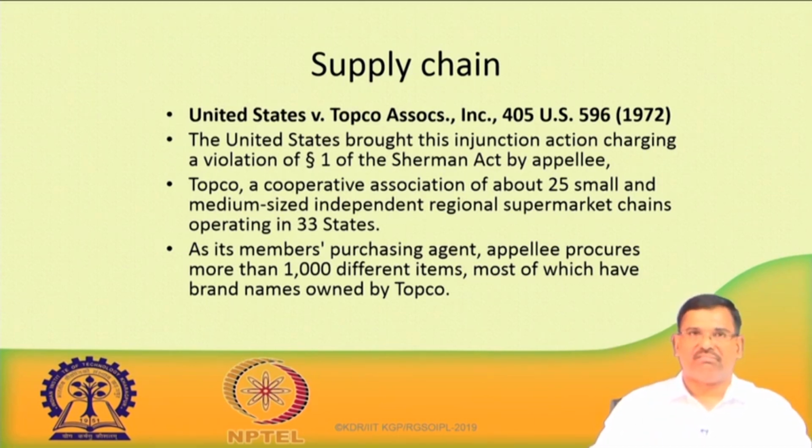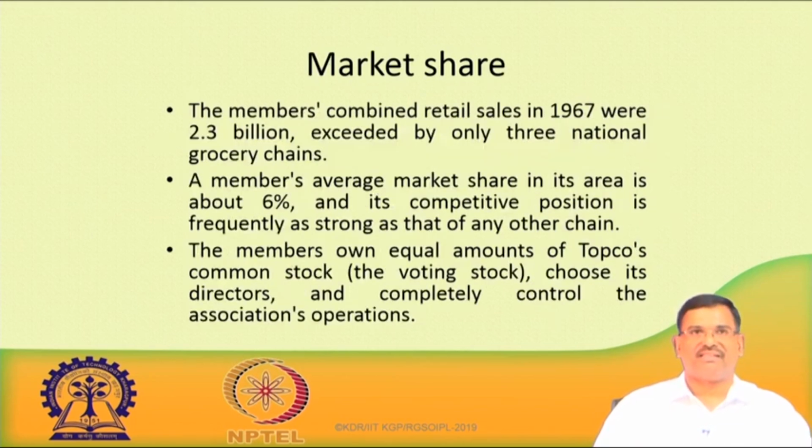They have a lot of customers, so more than 1000 items. This brand is always owned by Topco. These are the stores all over the 33 states of the United States. So, always if it is a chain of stores, then definitely the franchising or the licensing agreements are going to be very strict.